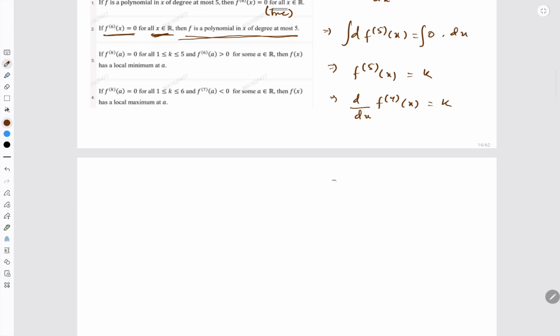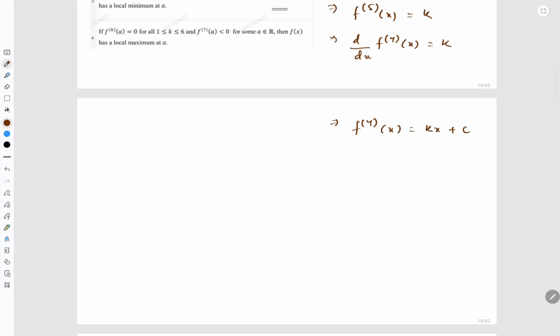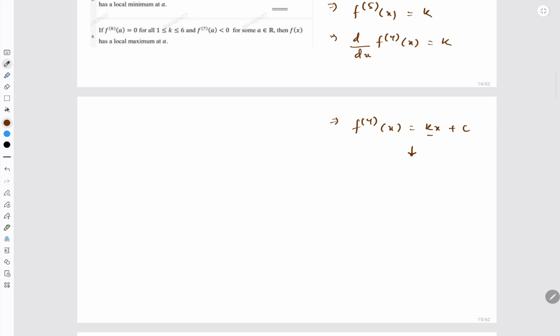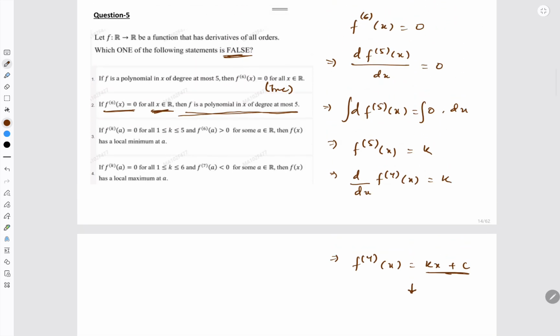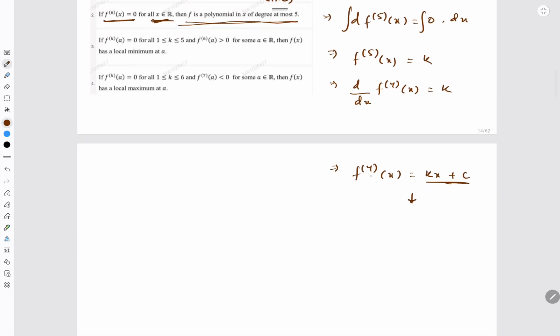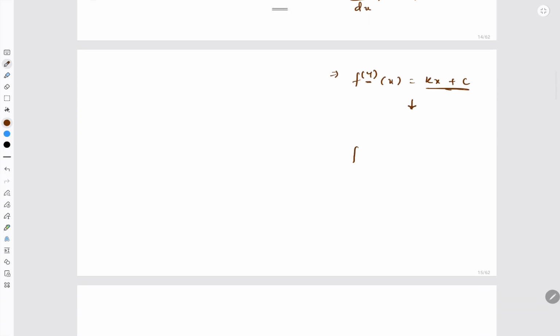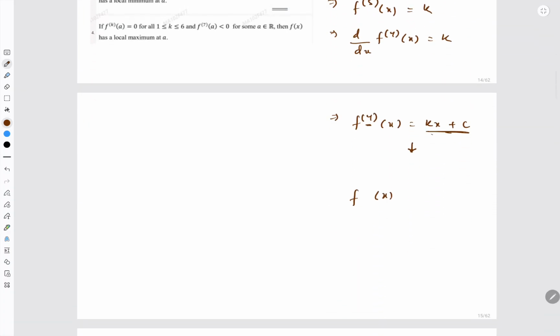Okay, now obviously, if we do an integration, f4 of x will be kx plus some constant c. So if I go on that pattern, you can see that I have removed from f6 and reached f4. So from here I can actually go to f0. f0 is nothing but my function itself, right? So as you can see, I am getting polynomials only.